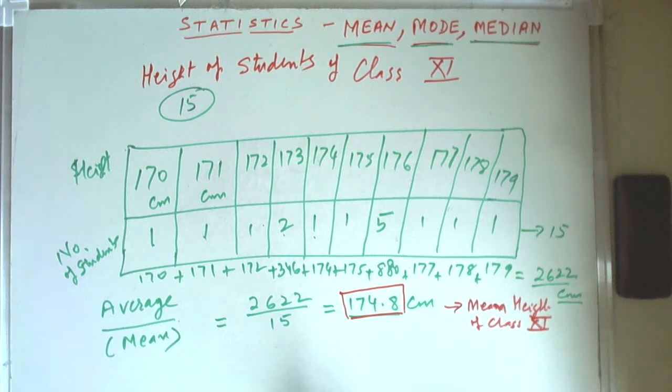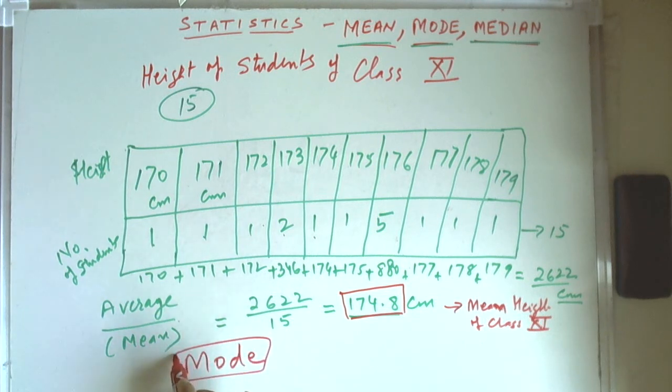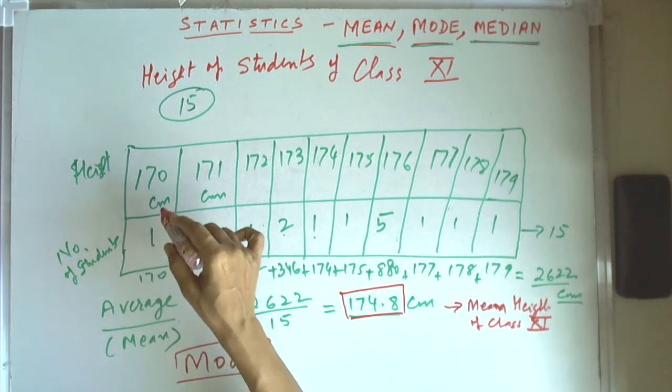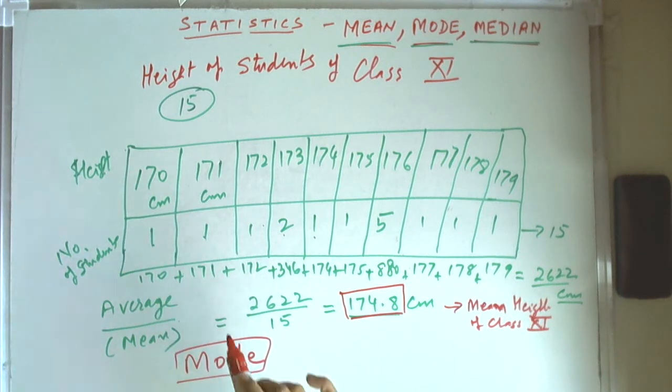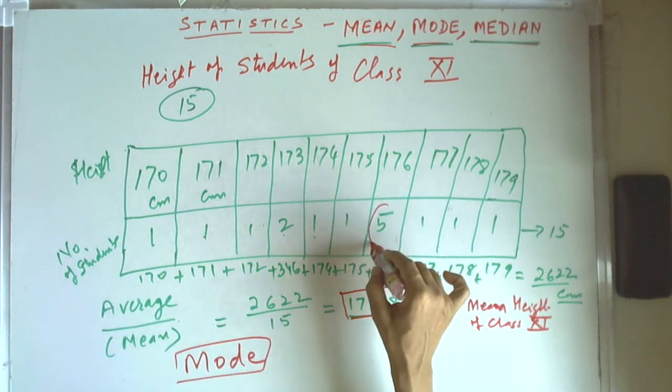Now what is mode? Now let us look at what is mode. If you see here, for 170 there was only one student, for 171 there was only one student, but for 176 there were 5 students.